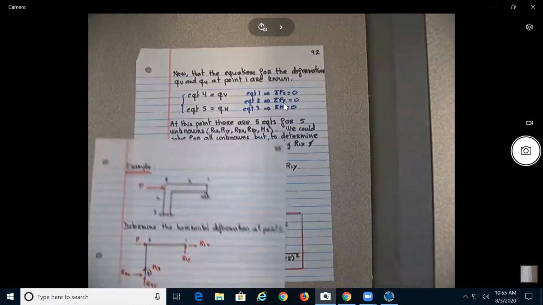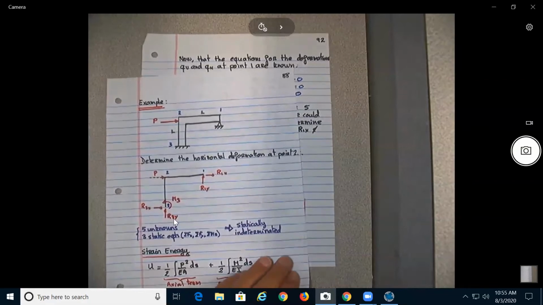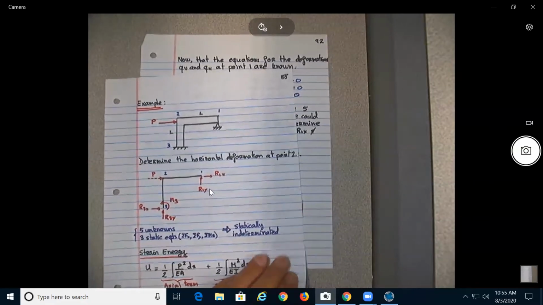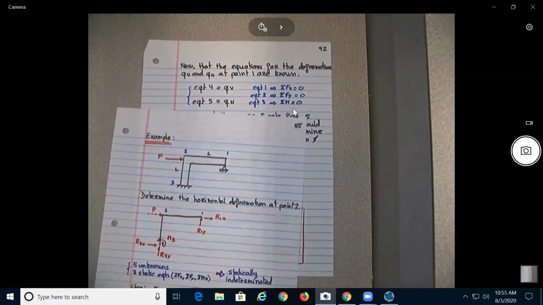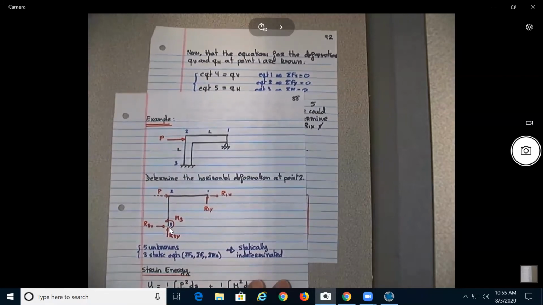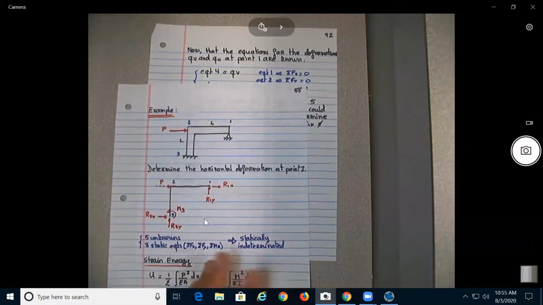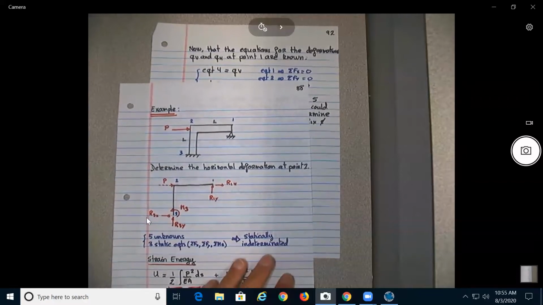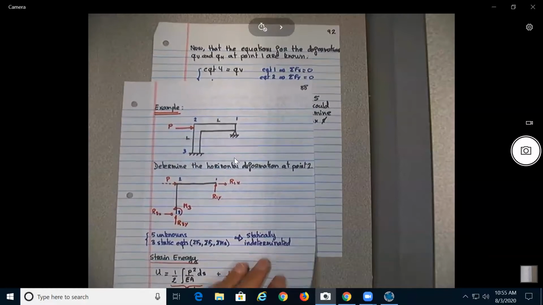The summation of forces on the Y will be R3Y plus R1Y. And then for the summation of moments, you need to select a point. So let's say we take it about point 3, will be M3 plus P times L plus R1Y L minus R1X L, okay? But you can write them down, but we don't need them because we don't need to determine either R3X, R3Y, or M3.